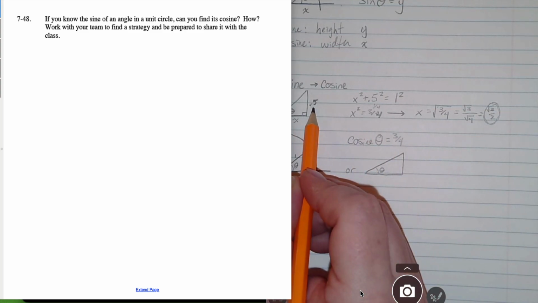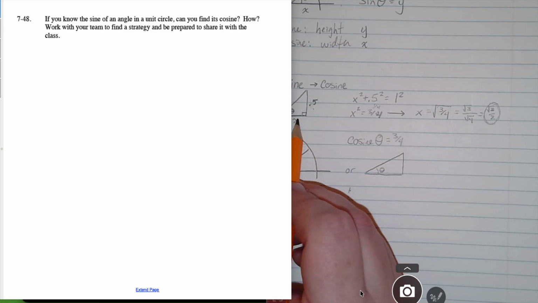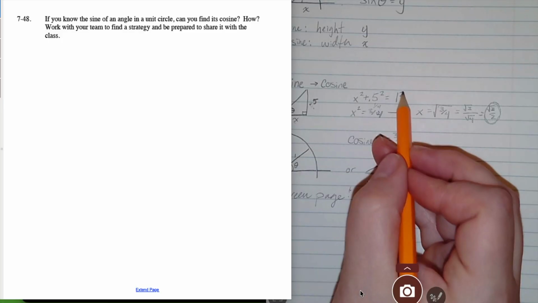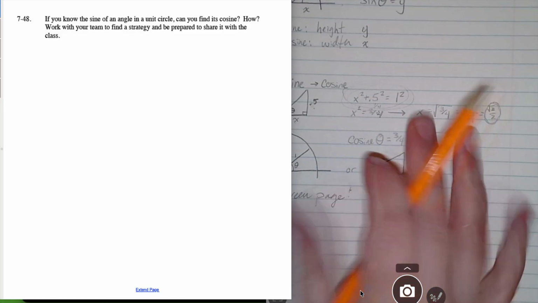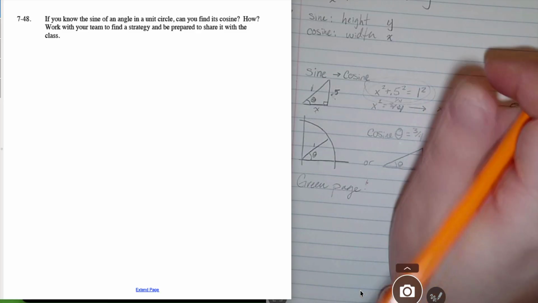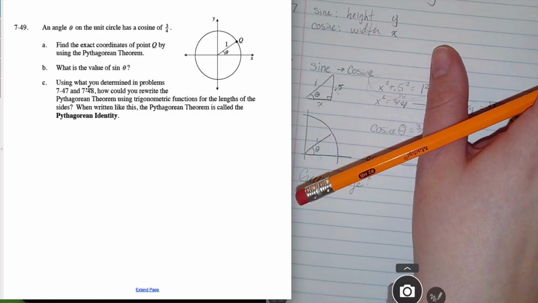So since I know that the sine of my triangle is 0.5, I'm able to find the cosine of my triangle, or the width of my triangle. And this is an idea that should be super familiar to us. So we've been talking about Pythagorean theorem for forever, since like Algebra 1, I think. And they're just leading you into this idea because it's something called the Pythagorean identity.